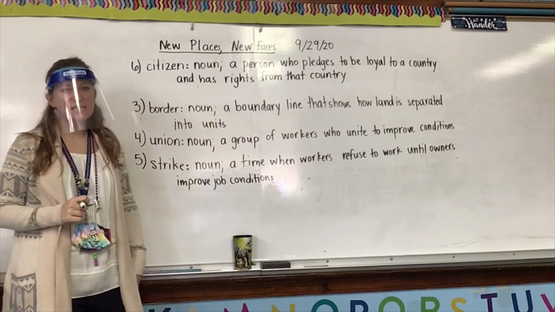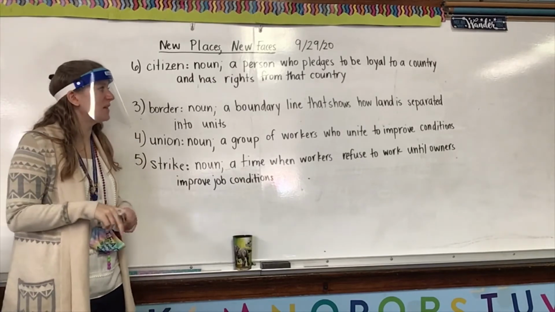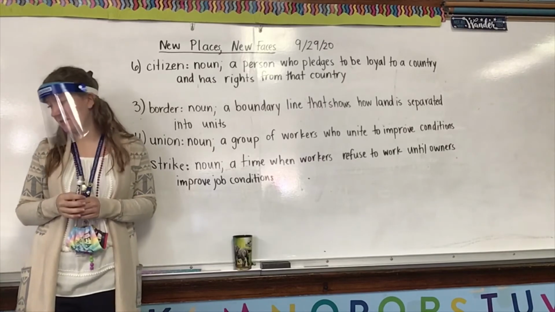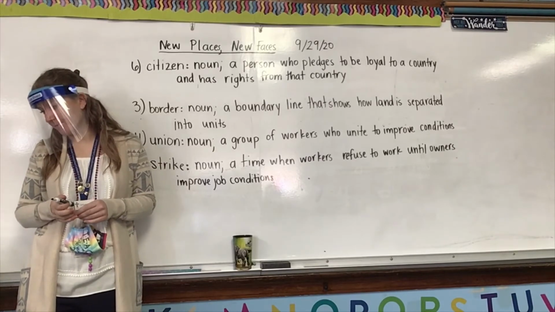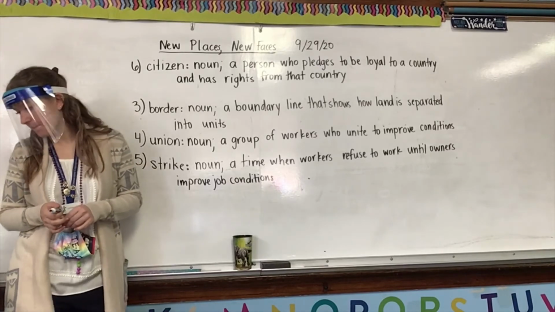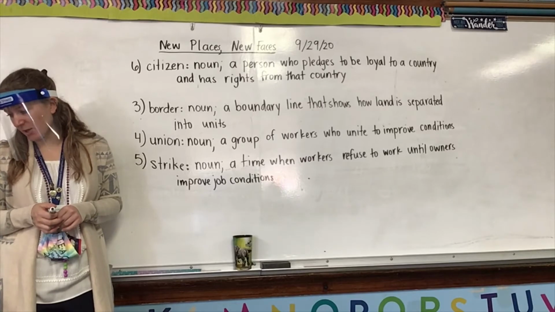So a citizen is a noun. It's a person because it's a person who pledges to be loyal to a country and has rights from that country. So in context, voting is a right of any citizen in a democratic country.